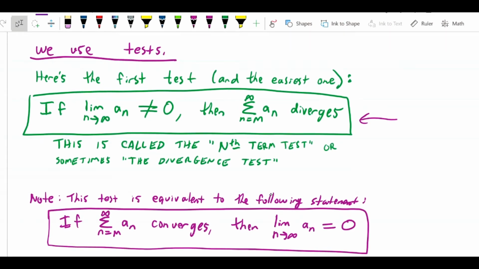Now, I've put up here an equivalent statement. You notice that if we're saying that if the limit is not 0, then the series diverges, then that's logically equivalent to saying that if the series doesn't diverge, in other words, if it converges, that means the limit has to be 0.